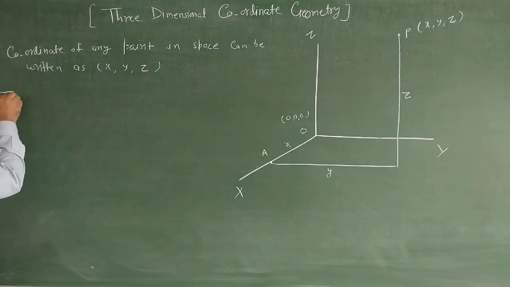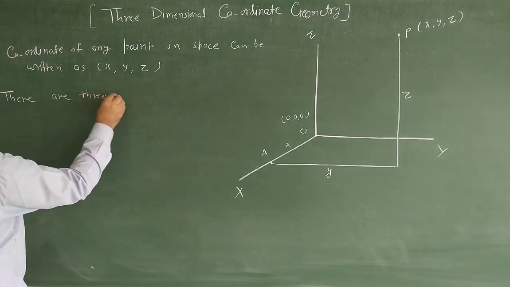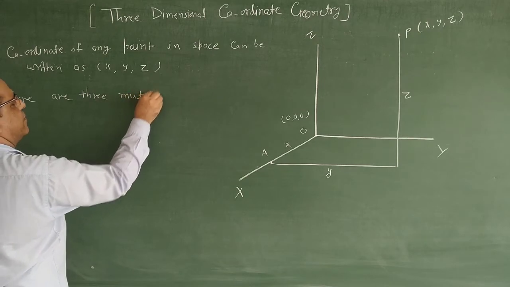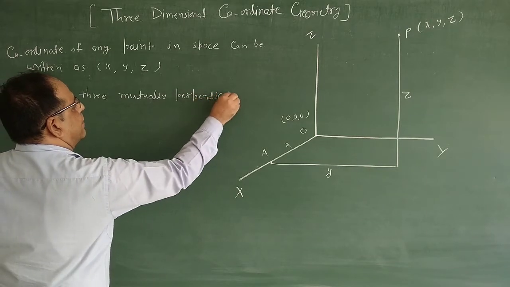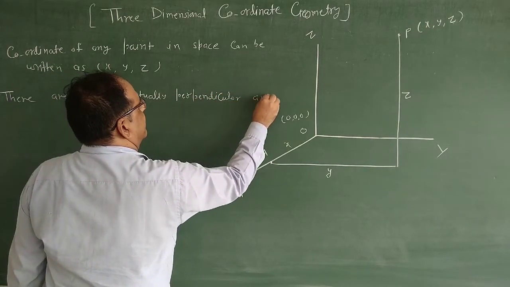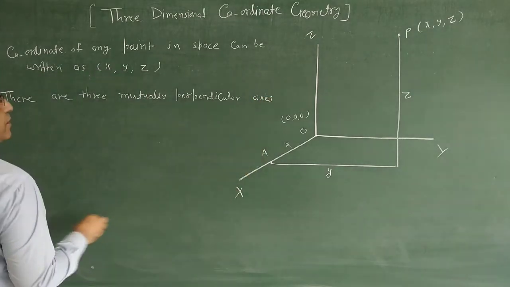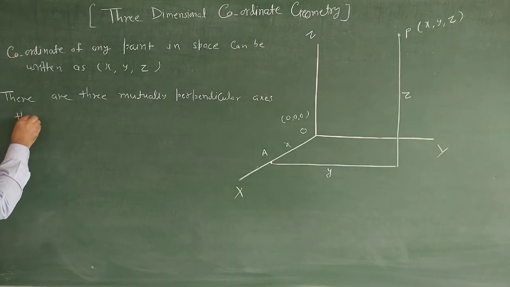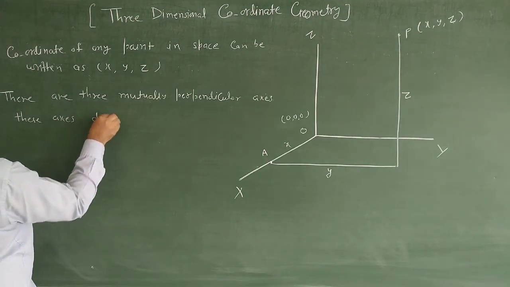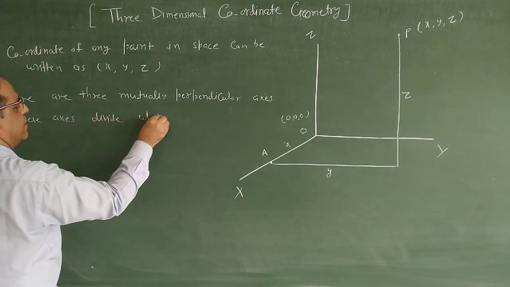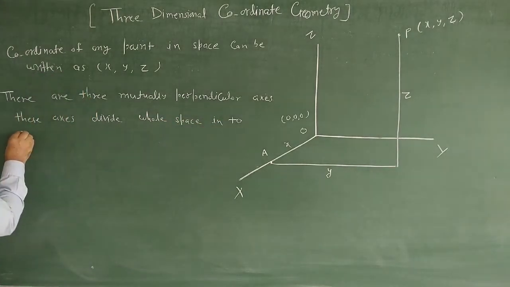There are three mutually perpendicular axes. These axes divide the whole space into 8 parts.